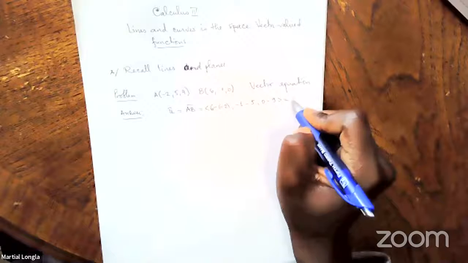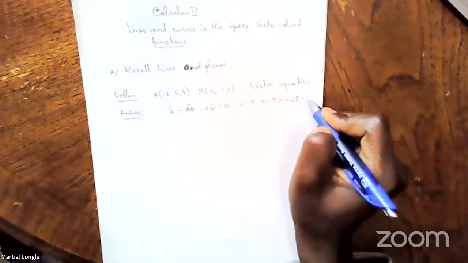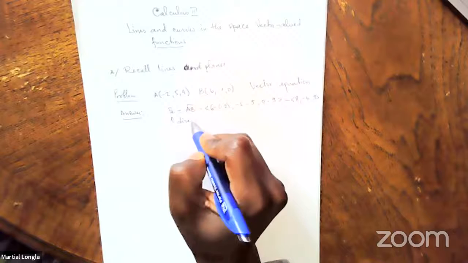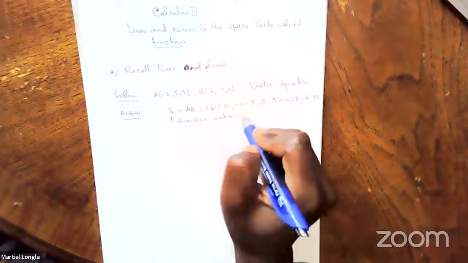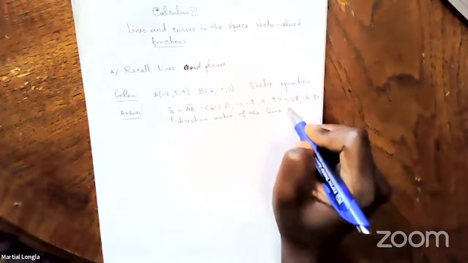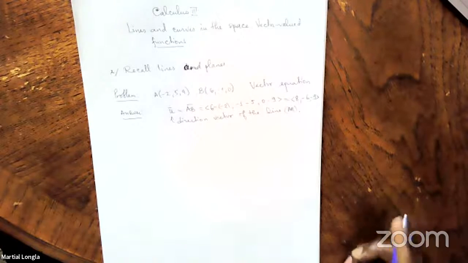That's how you find the direction vector. And now here it's going to be 8, -6, -9. So this vector is called the direction vector of the line that goes through A and B. It's also denoted line AB.